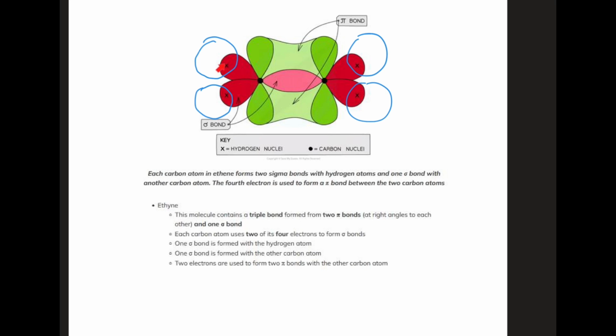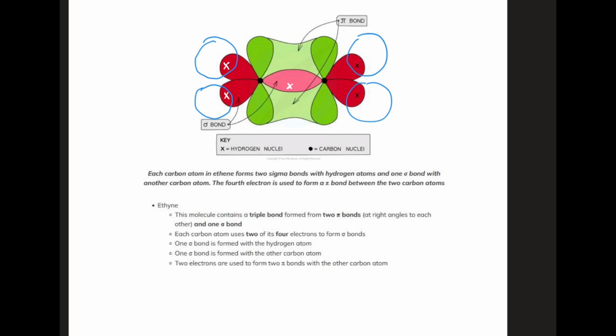Okay, so one of the electrons is here, the second one is here, the third one is here. So you can see 1, 2, 3. 3 electrons are here. The 4th one is here, either up or down.